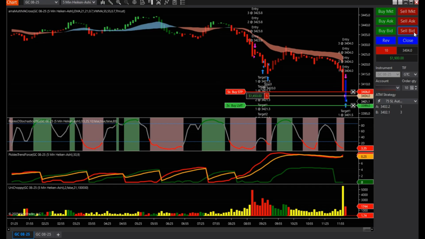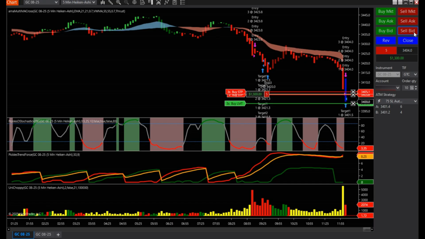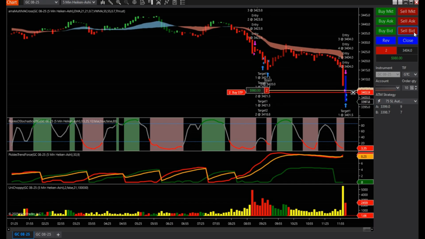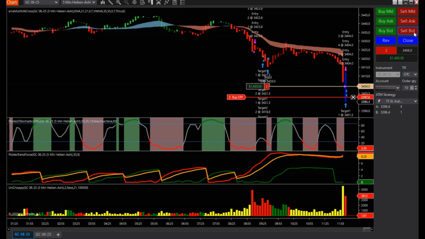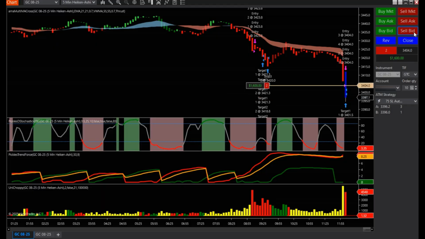So my first target got hit, second target. Now you can see that my trail stop is starting to trail here. All right, so I just got stopped out, and that's a total profit of $7,600 for the day.